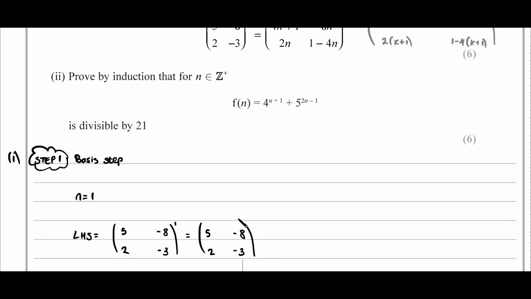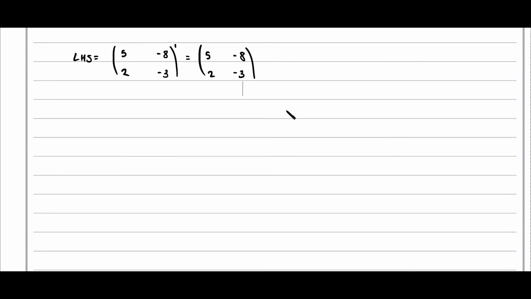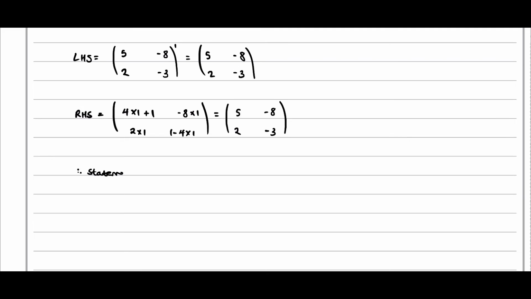And for the right hand side, we have 4 times 1 plus 1, minus 8 times 1, 2 times 1, 1 minus 4 times 1. So we have (5, -8; 2, -3). And therefore, the left hand side equals the right hand side, so the statement is true for n equals 1.